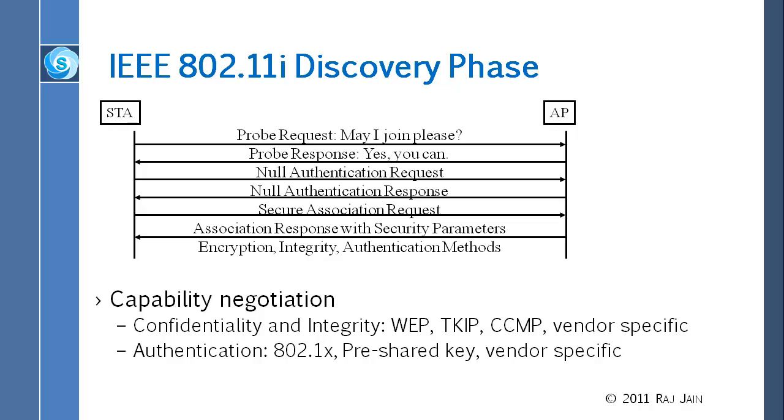Then you say, well, how do I authenticate? And so the response will come back, all right, you're rejected, but use this authentication method. Then you send that authentication method, and then you get that response, and then you can send the request again.